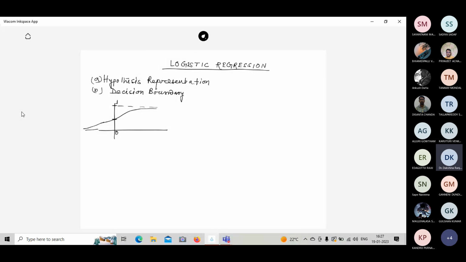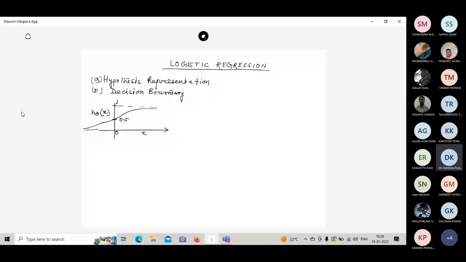And here we get the hypothesis, and this is X, okay? And this is the threshold point value, 0.5. So when this S-shape curve is intersecting this y-axis, the intersection point is considered as the threshold, which is 0.5.